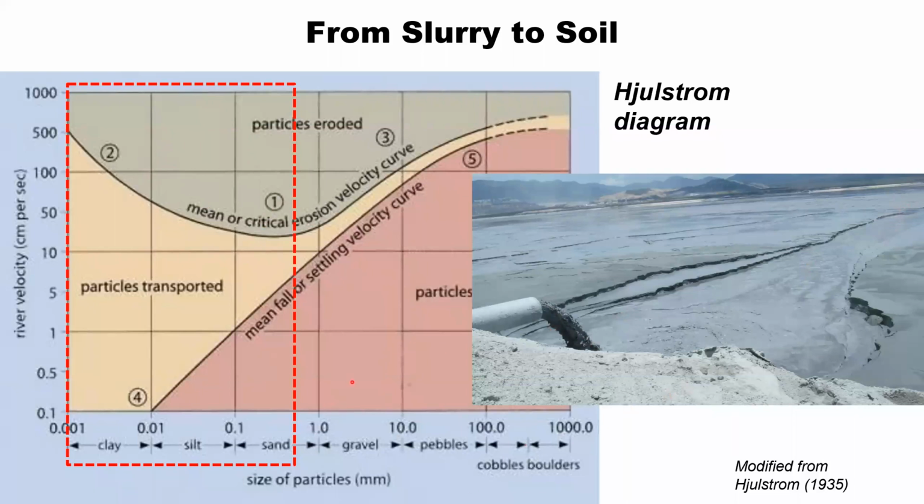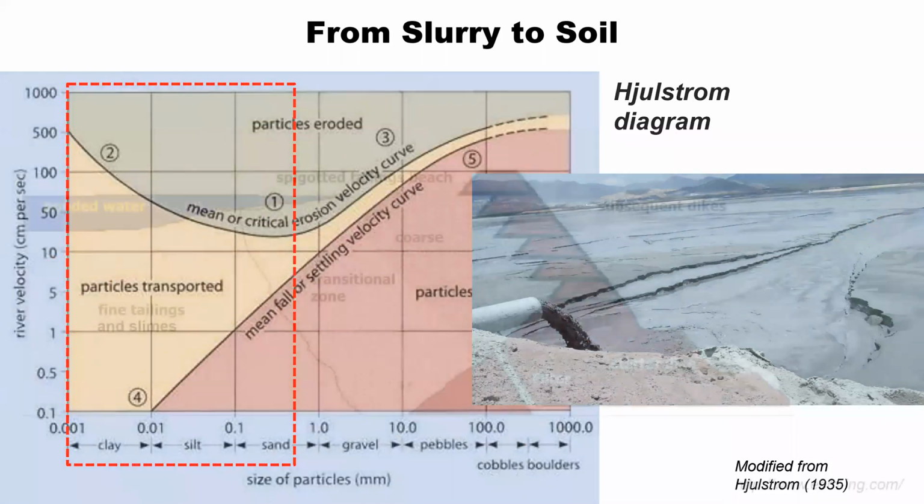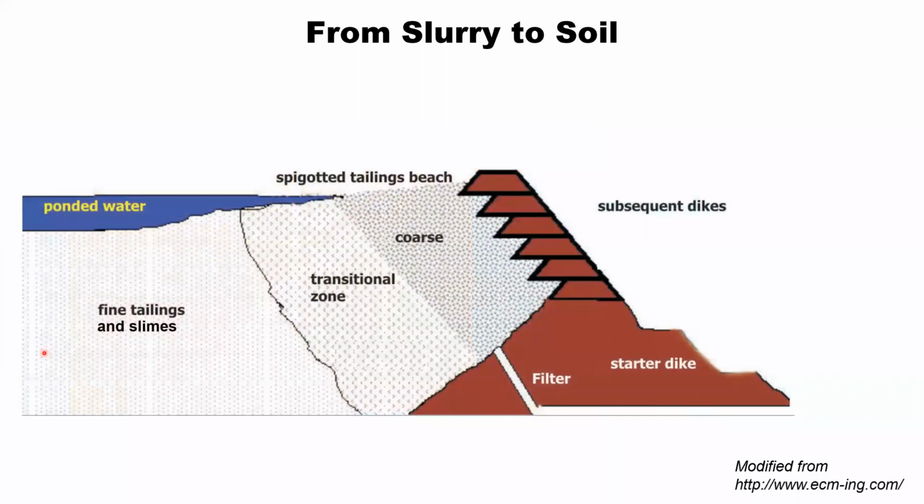Our highest velocities are here, and the velocities immediately start to decrease and further decrease as you go further out, so more and more of the fine particles are going to start being deposited as these velocities decrease. And that gives us this conceptual diagram for the stratigraphy of a typical tailings facility.